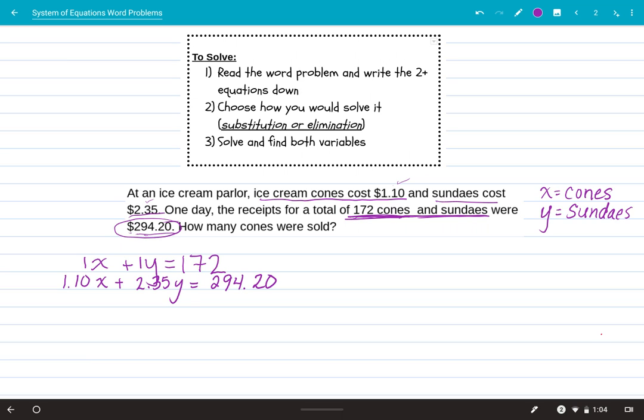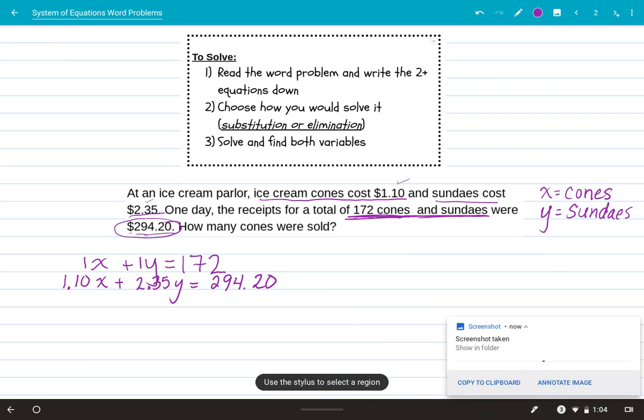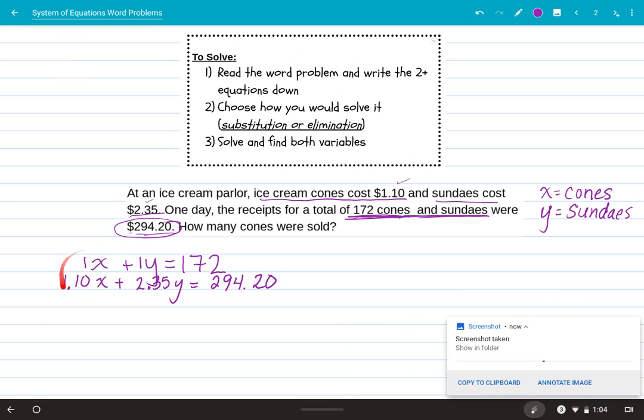All right. So when we're dealing with decimals here, one has decimals, one doesn't. So what we're trying to do, there we go, laser pointer. We want either the X's to be the same or we want the Y's to be the same number, but we want one to be negative and one to be positive, okay?